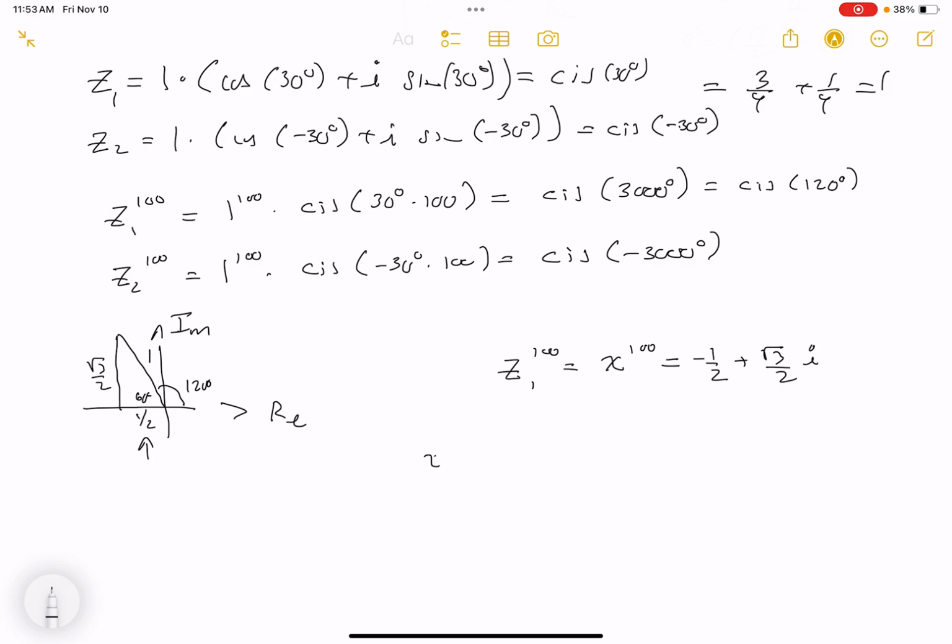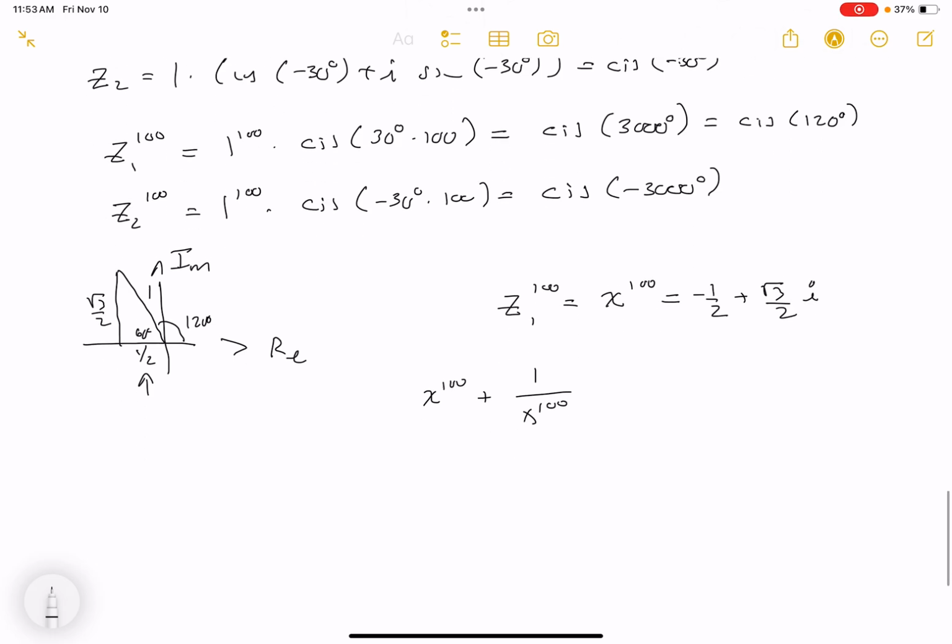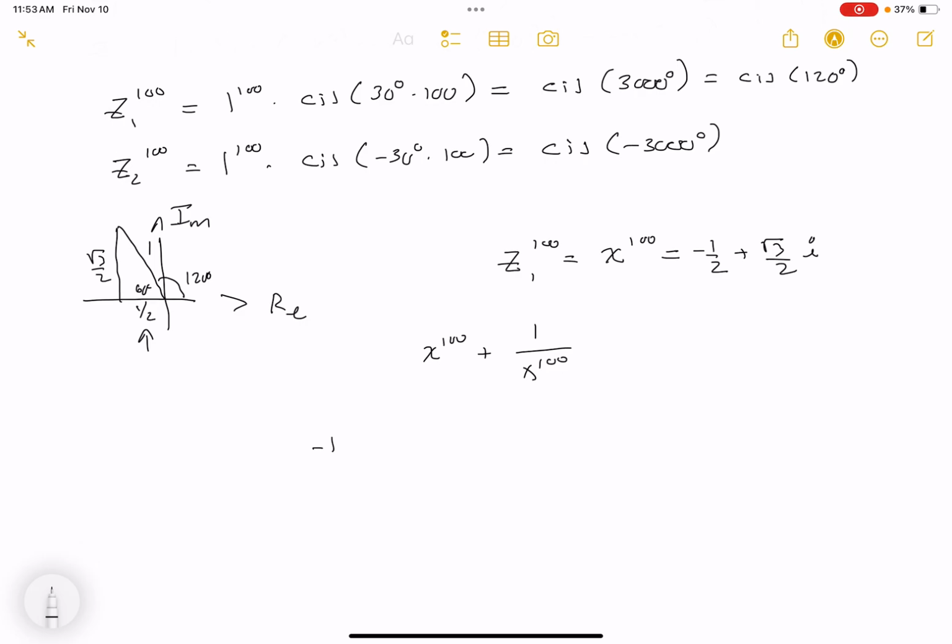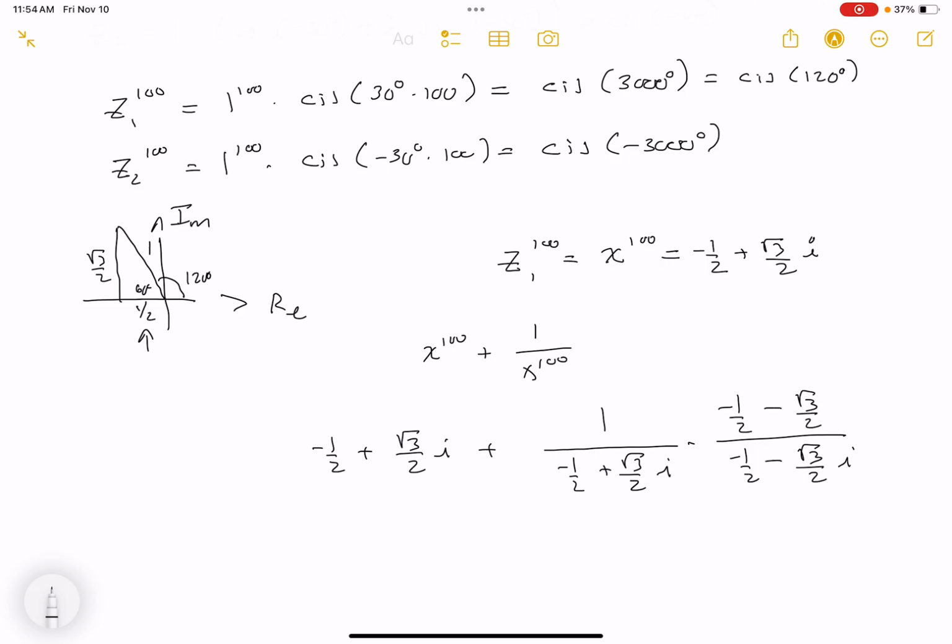And so I'm going to say x to the 100 plus 1 over x to the 100. Let's write this down. So it's going to be minus 1/2 plus root 3 over 2i plus, here comes the tough one, 1 over minus 1/2 plus root 3 over 2i, multiplied by minus 1/2 minus root 3 over 2i over minus 1/2 minus root 3 over 2i.